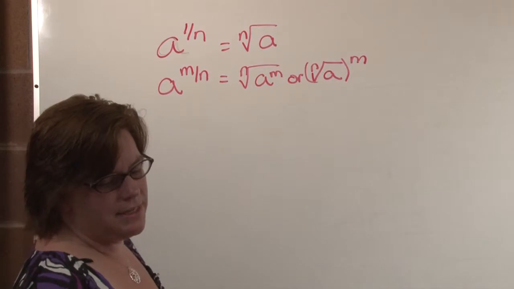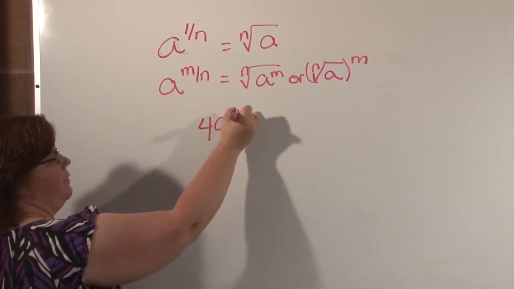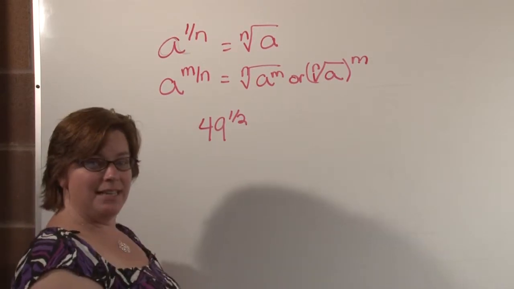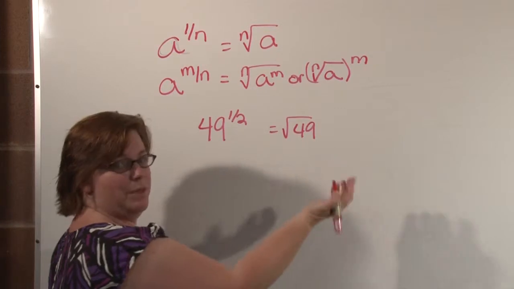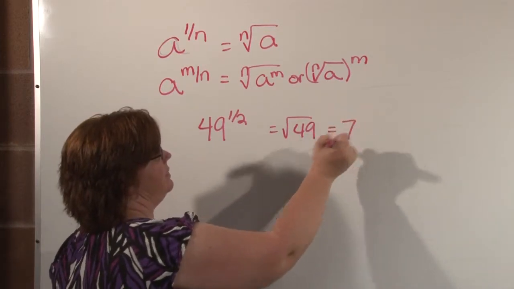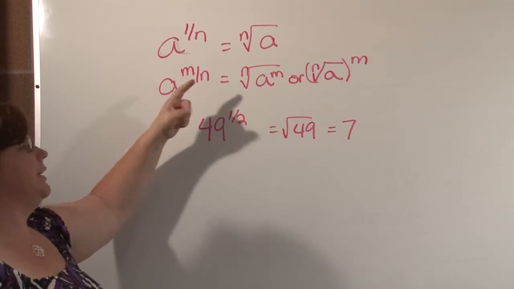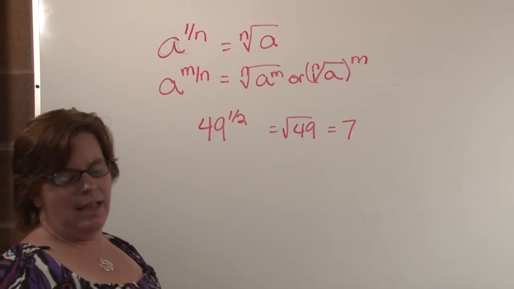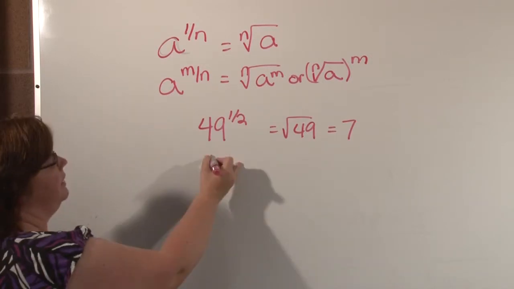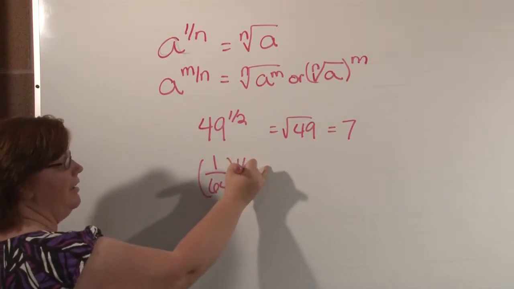So some quick ones are, if we had 49 to the 1/2, that's just asking us to take the square root of 49, which we know is 7. So that's working from here to the radical there. Then we can also do 1/64 to the half.